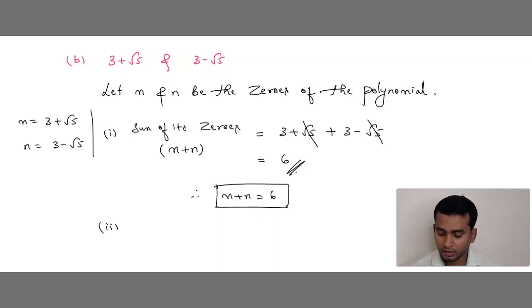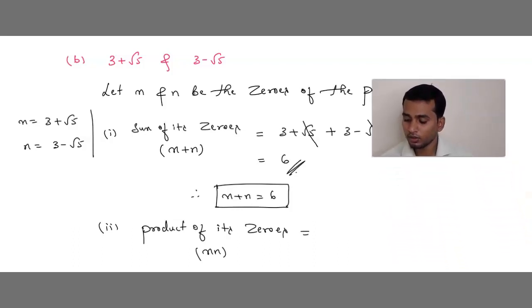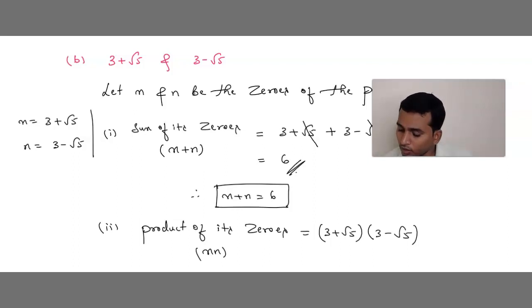Similarly, product of its zeros, that is nothing but m into n. What is the m value? m is 3 plus root 5, into 3 minus root 5.